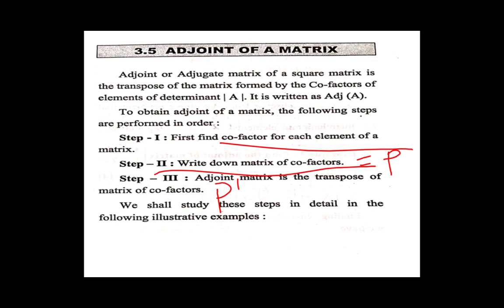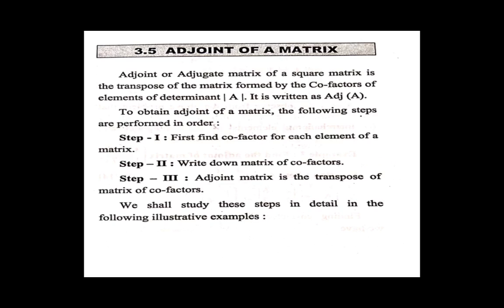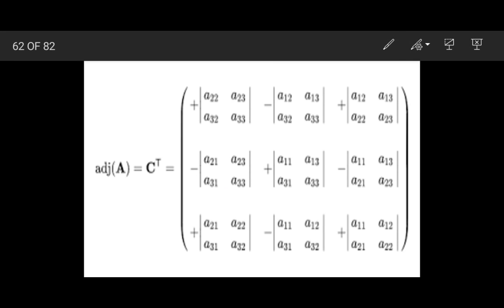Okay, so after finding the adjoint of a matrix, mathematically we can show that the adjoint of a matrix A is the transpose of C. In our case we are denoting C, the cofactor matrix, as P. So transpose of P, right?